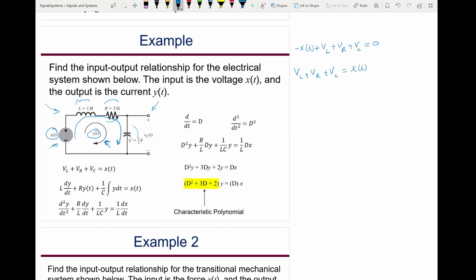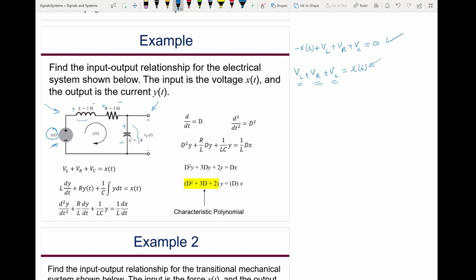Now, good, I have an equation and I have the input x of t, but I don't have y of t, which is what I'm interested in. My output y of t is the current through all these components. So I have to express each of these in terms of x and y or just y. I'm going to use what we learned about the voltage across each component.